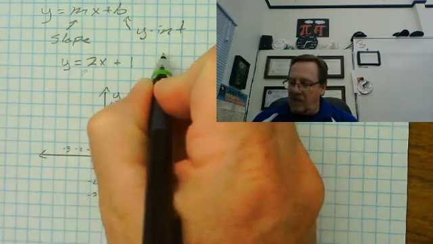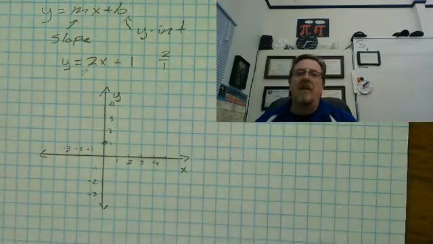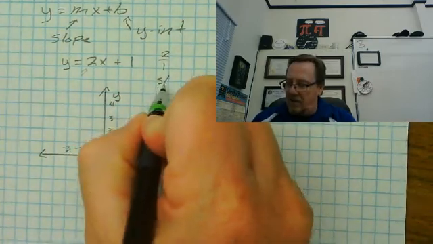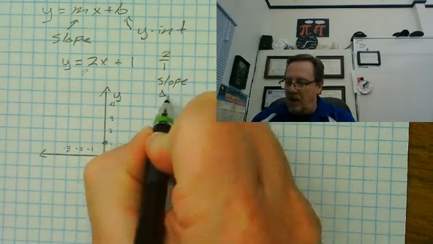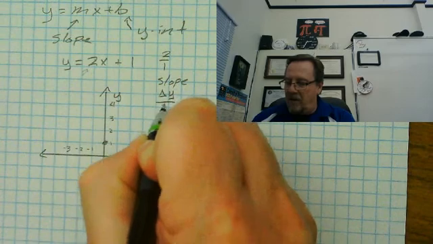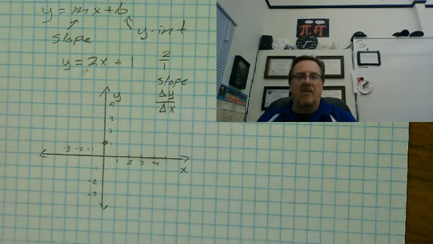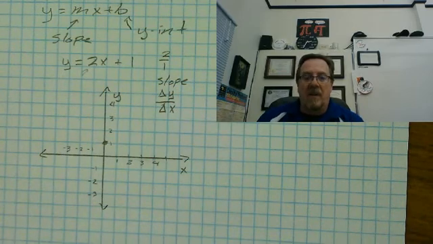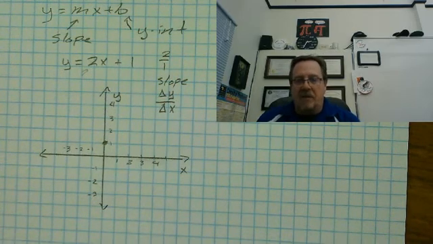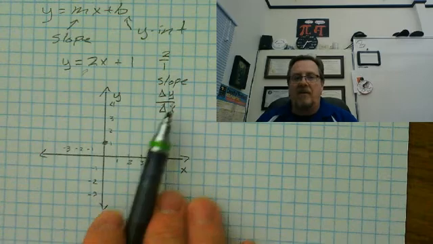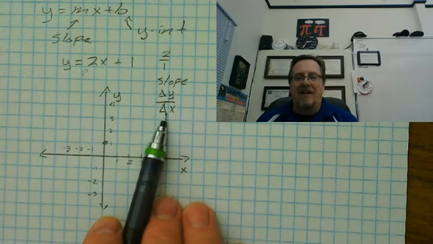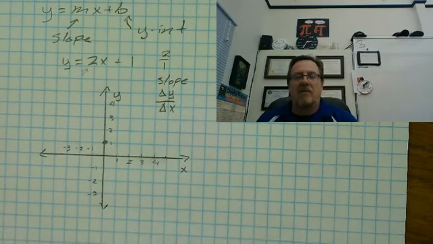And since 2 can be represented as 2 over 1, and we know that our slope is always going to be the change in y over the change in x. And I use the delta symbol because, hey, for the last 2,500 years, mathematicians have used that symbol, delta, to represent change. So when I say delta y, I mean the change in the y values over delta x, the change in the x values.